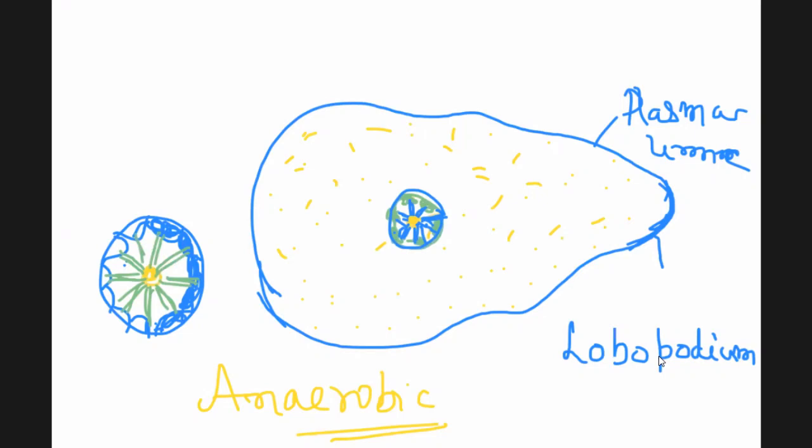It feeds on bacteria, Escherichia coli, that are there in the large intestine, and specifically it is in the submucosa where blood vessels are there. It can damage the blood vessels and feed on RBCs. So the food vacuoles in it contain ingested RBCs.